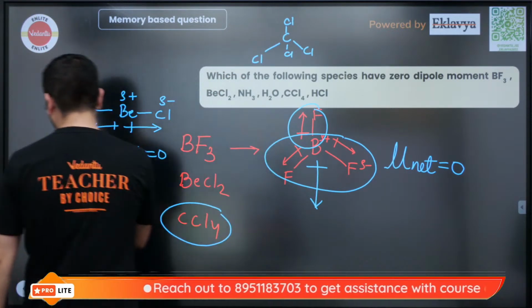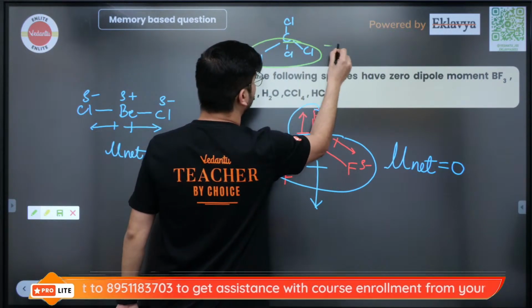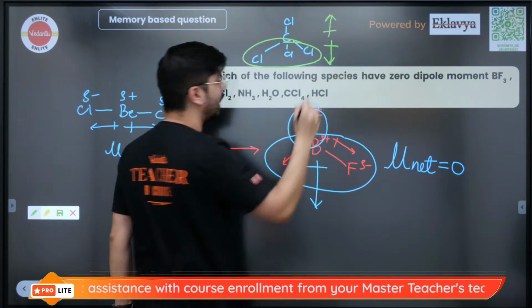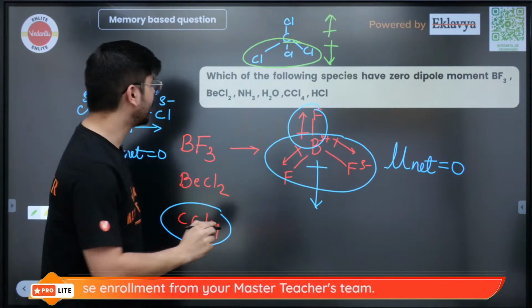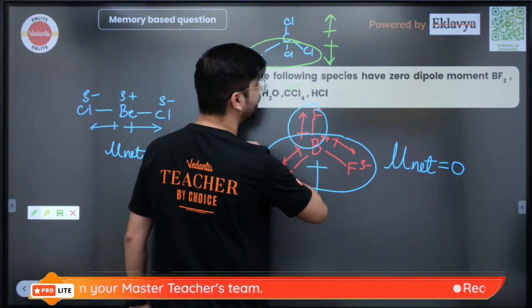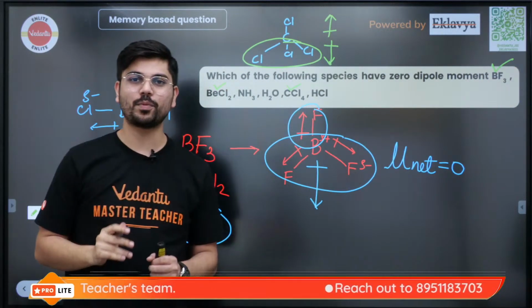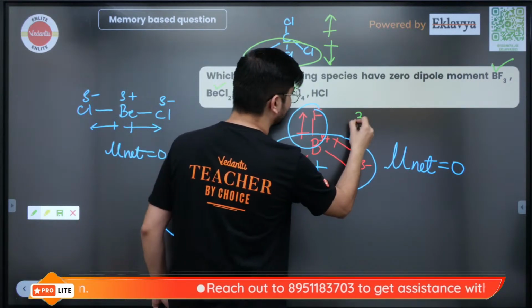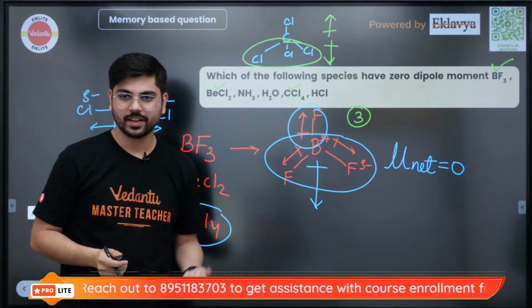So the net dipole coming from these 3 will be like this, and one would be like this. Again, mu net will be 0. Great. So BeCl2, CCl4 and BF3, because their net dipole moment is 0, the answer was 3. Okay, integer based question, the answer was 3.